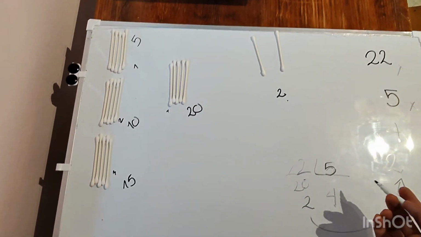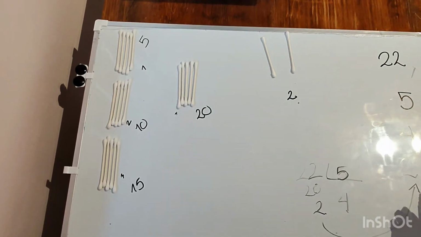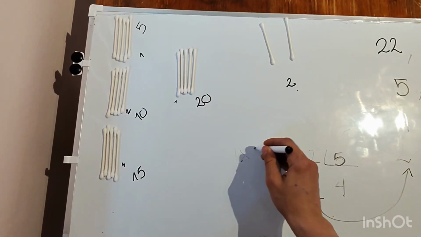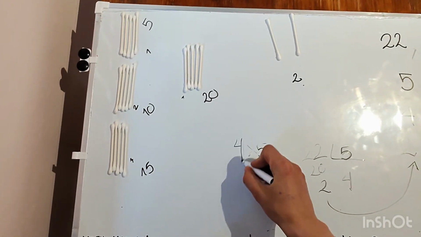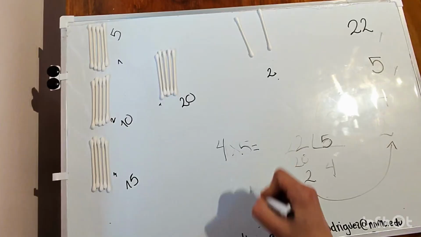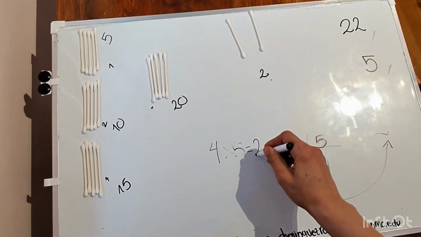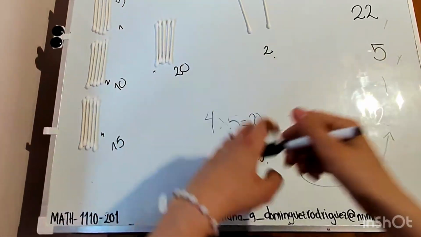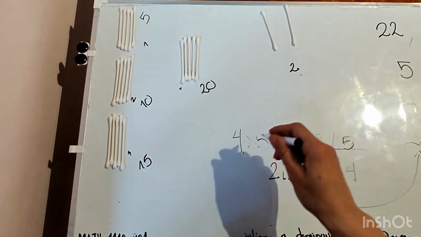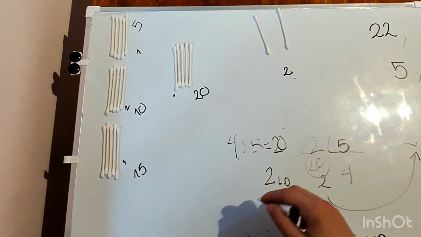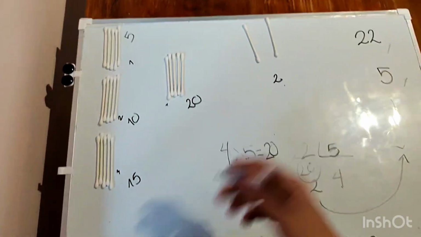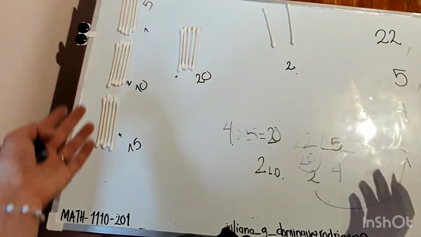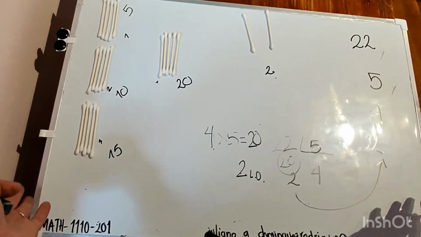We also can ask how many cotton swabs are in 4 groups of 5. The answer would be 20 with 2 left. We can also say that 4 times 5 equals 20 with 2 cotton swabs remaining. We made equal groups and found out if anything is left over.